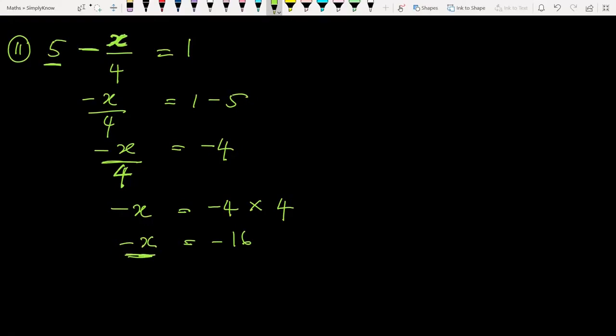But if we want to convert this into a positive term, what we can do is just divide both sides by negative sign or by minus sign. Or you can say by minus 1. Then what will happen? These two minuses will cancel off. Here also, these two minuses will get cancelled out. So x will become only 60.